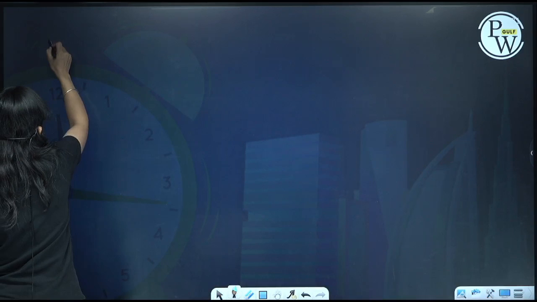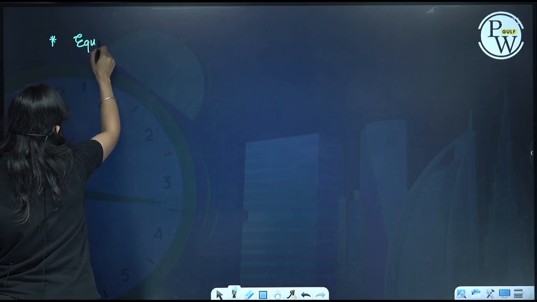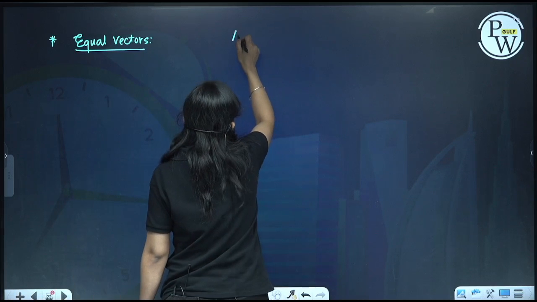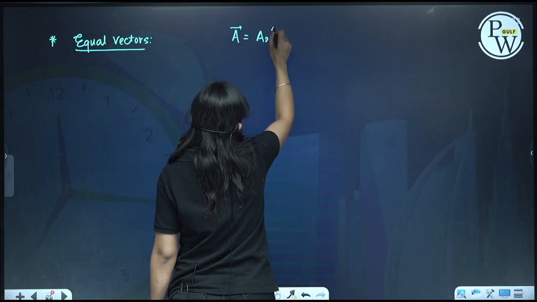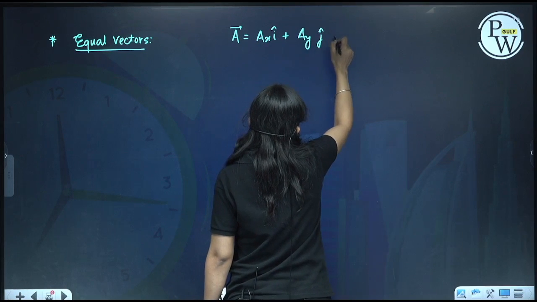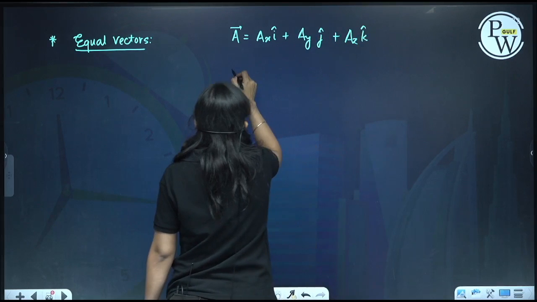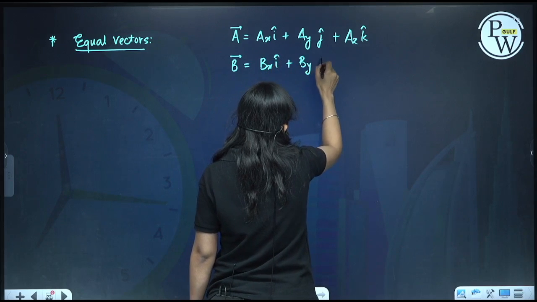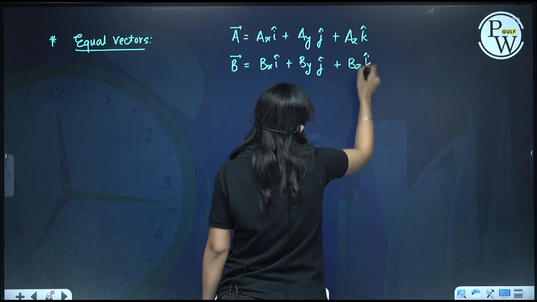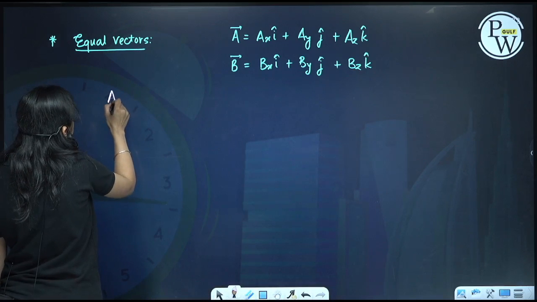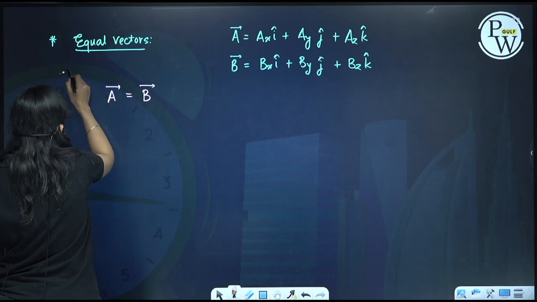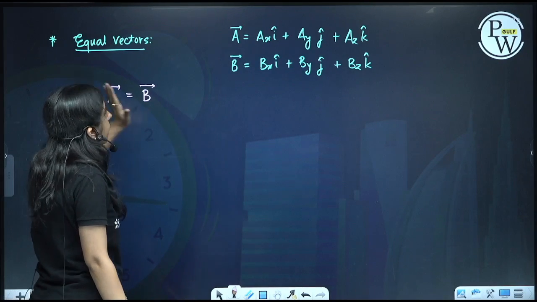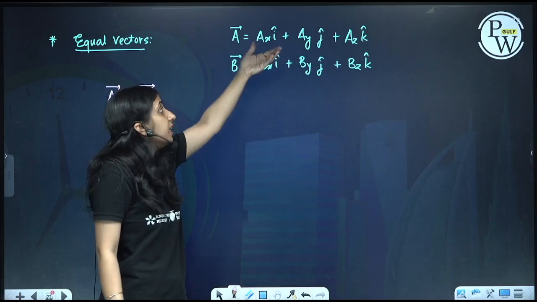Okay. So next is equal vectors. If we are given two vectors, A equal to ax i cap plus ay j cap plus az k cap, and another vector B equal to bx i cap plus by j cap plus bz k cap, and we are given that A vector is equal to B vector, then two vectors are equal only if their respective components are equal.